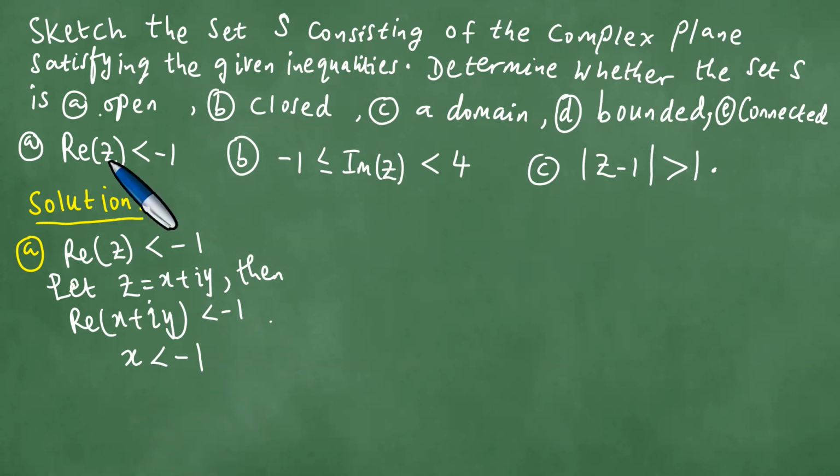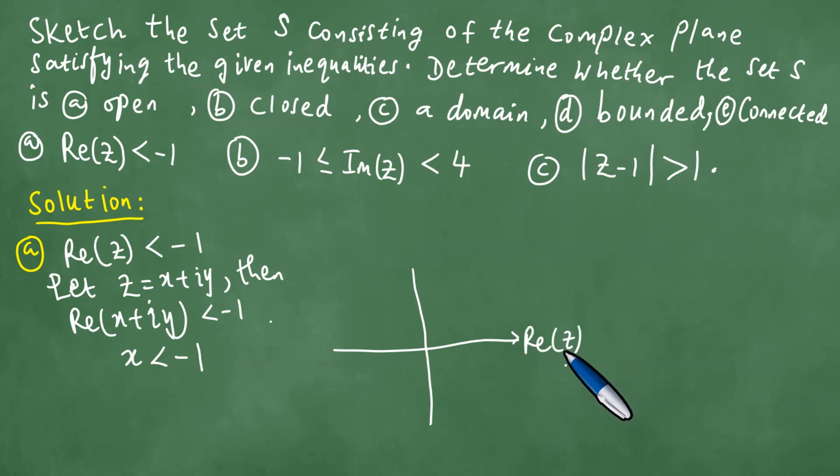If this is the case, we need to sketch. So let us draw the sketch. We are still looking at only part A. Here we have the real part of Z, and here we have the imaginary part of Z. If X is less than -1, you'd have to put a broken boundary, and you're focusing on the part that is less.